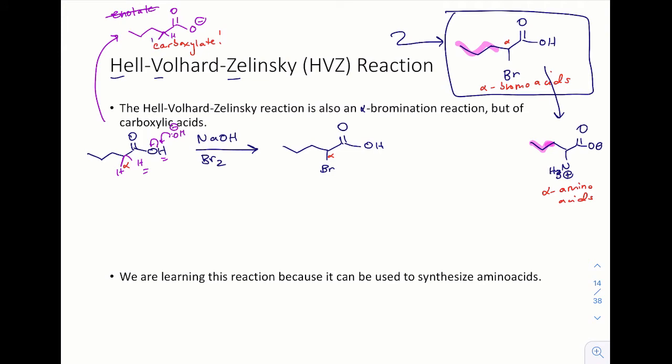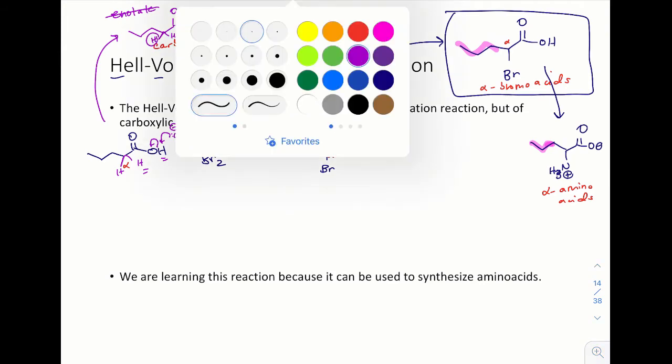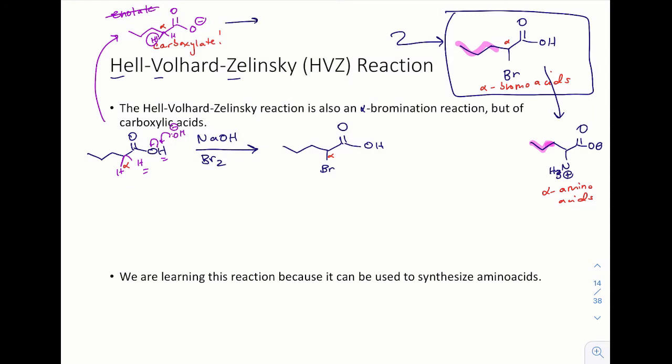And they might say, well, no problem. Maybe we can still deprotonate the alpha carbon with sodium hydroxide. Well, the acidity of the alpha carbon is greatly diminished due to the electron-rich carboxylate. And we know carboxylates are quite electron-rich. They're unreactive with electrophiles.